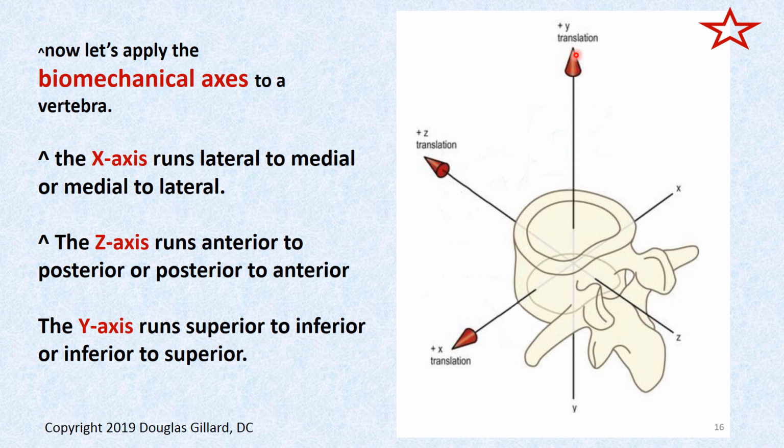That would be the Y-axis. Then going straight forward out of your belly button, posterior to anterior, or you could say anterior to posterior, it doesn't matter, it's the same axis. That's the Z-axis. Everybody good with that? Important concept to know.